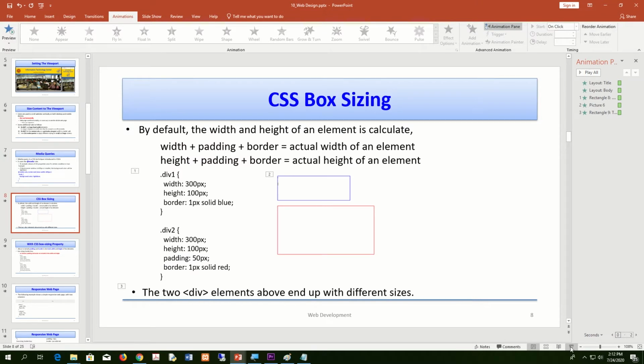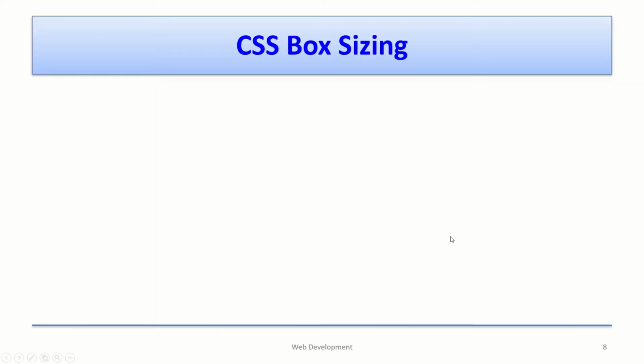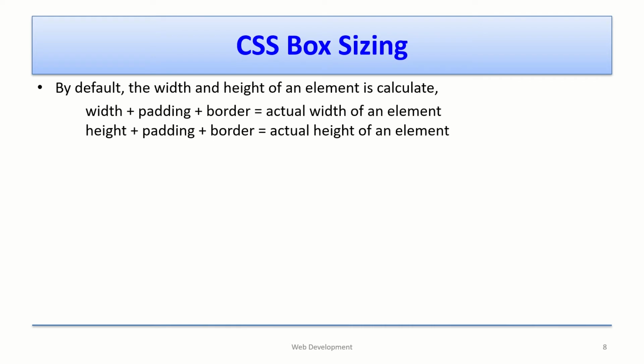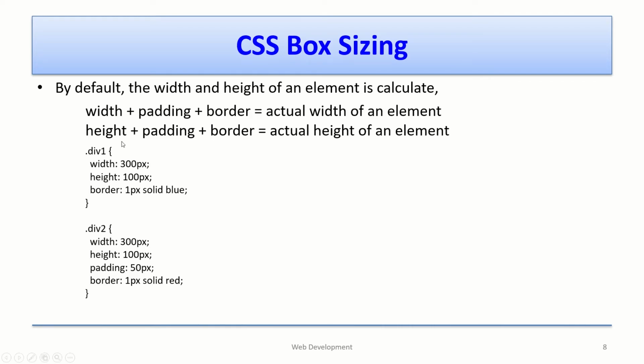And then next one is CSS box sizing. Box sizing, right? So by default, the width and height of any HTML element are calculated like this, right? I'll give an example. So in here I define two divisions. In the first division, I set width and height as 300 and 100 respectively. The border is 1 pixel width, the style is solid and the color is blue.